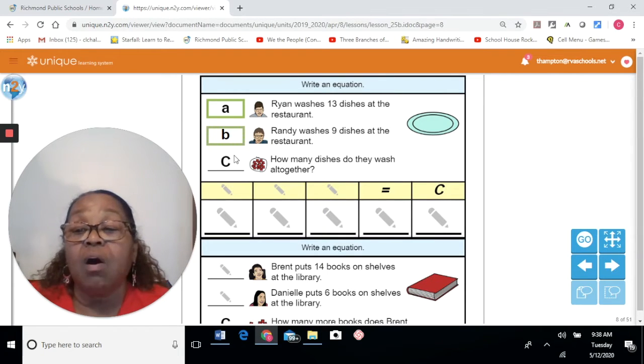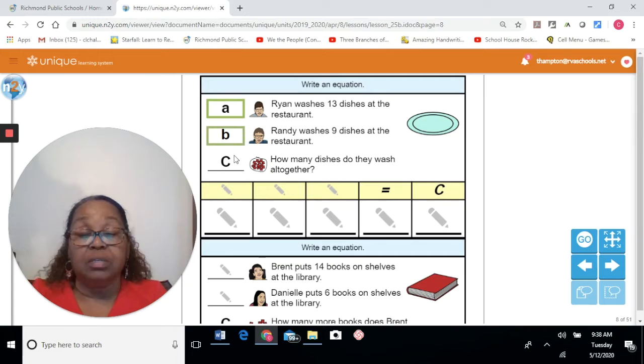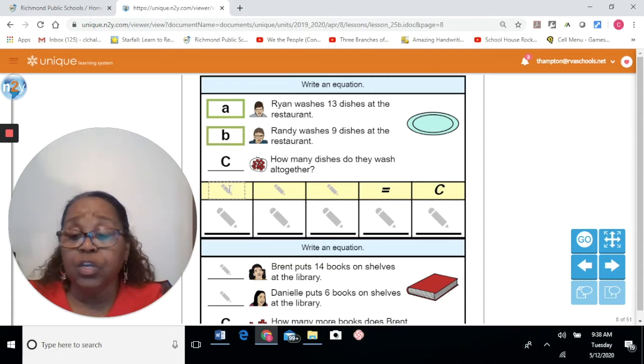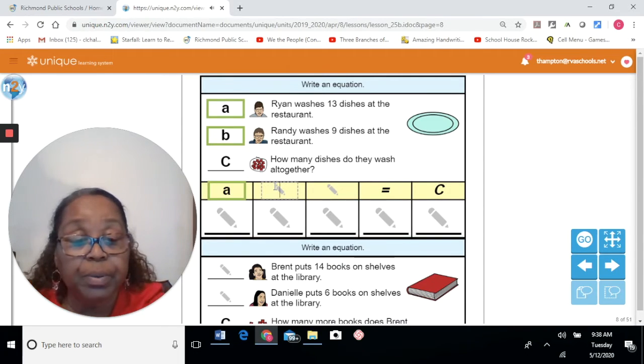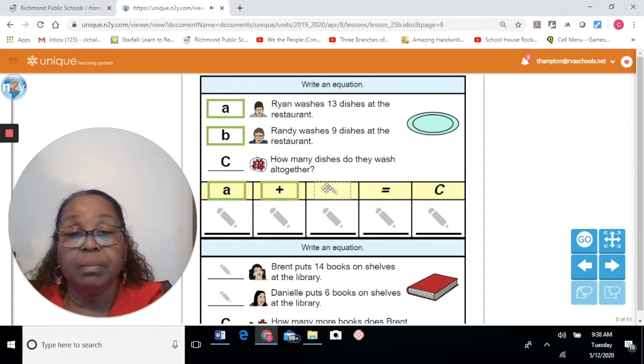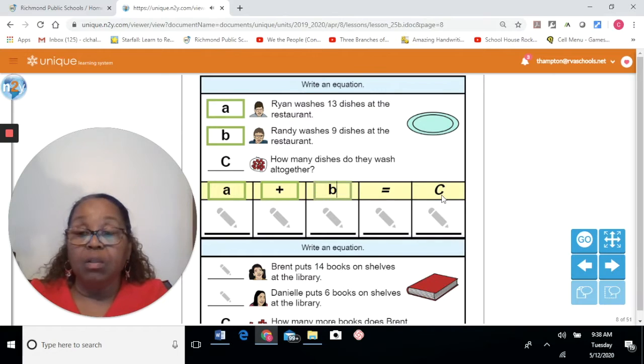We've got to solve to find the answer for C. What is C? All right, so the way that we lay out our equation would be A plus B will equal C. All of the equations that we're using today, A plus B will equal C.